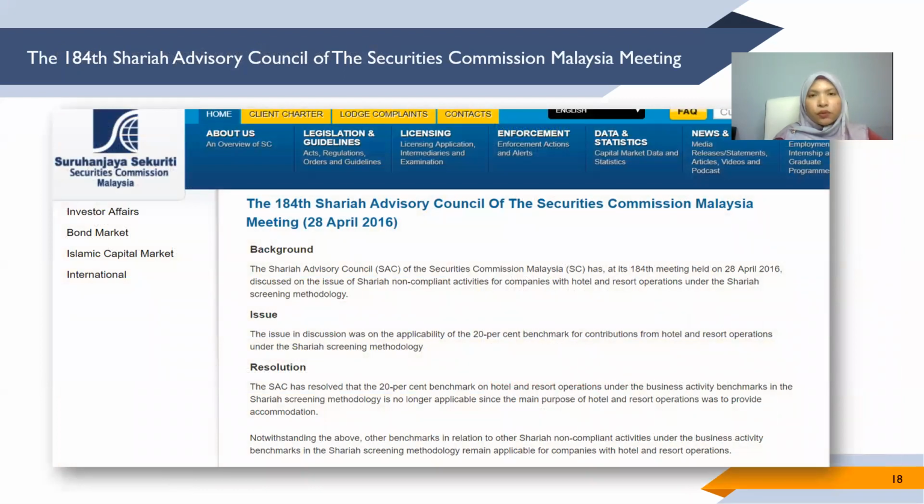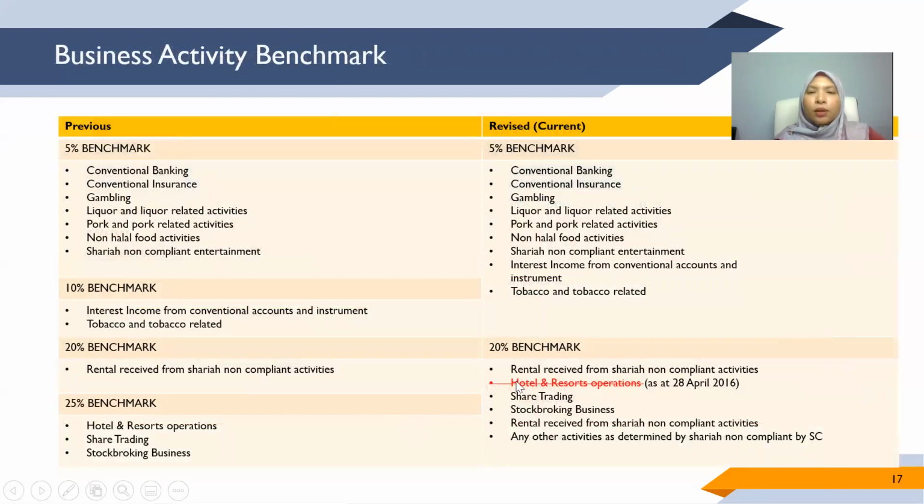And this is also for your information: as at 2016, hotel and resort is no longer in the 20% benchmark, because it now falls under the 5% benchmark.